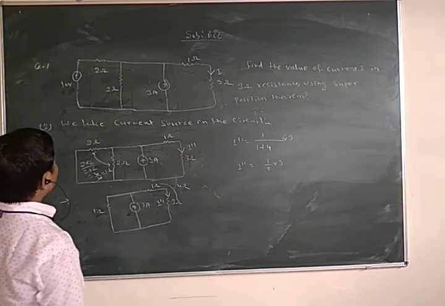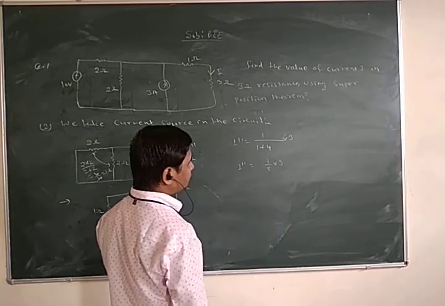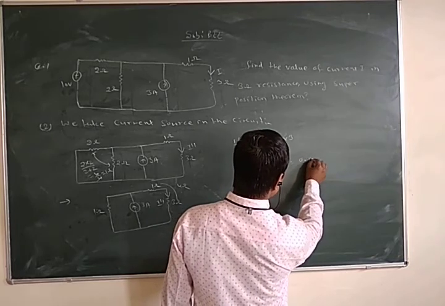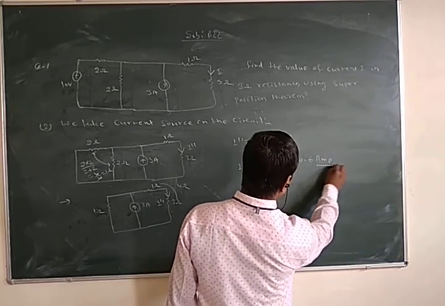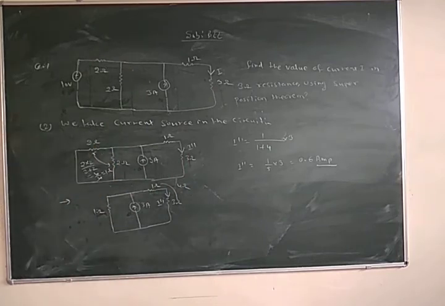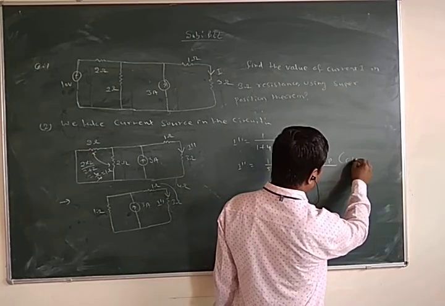Due to 3 ampere, the current is equal to 3 divided by 5, that is 0.6 ampere. And direction is clockwise.